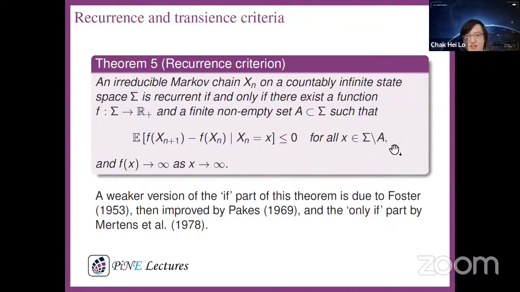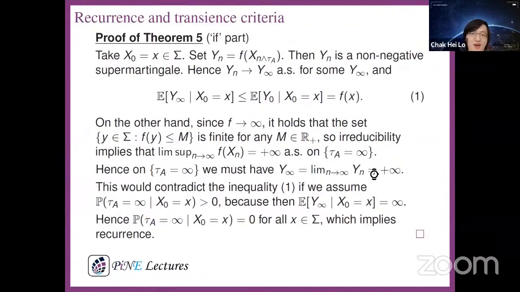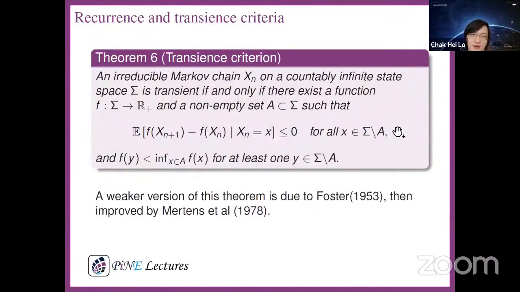So this A is the side that does not matter in terms of recurrence and transience, because only the tail behavior matters. We are only thinking of what happens when you wait for a long time, and you can ignore any finite region in this kind of situation.